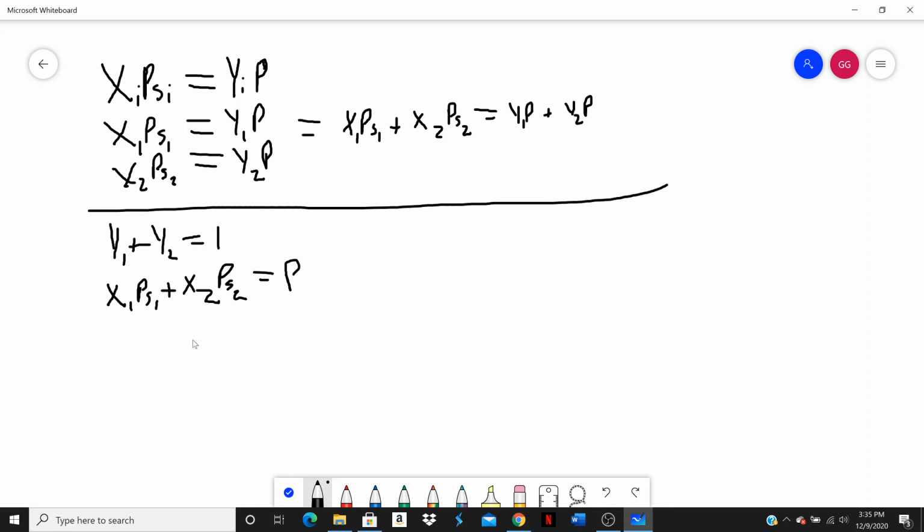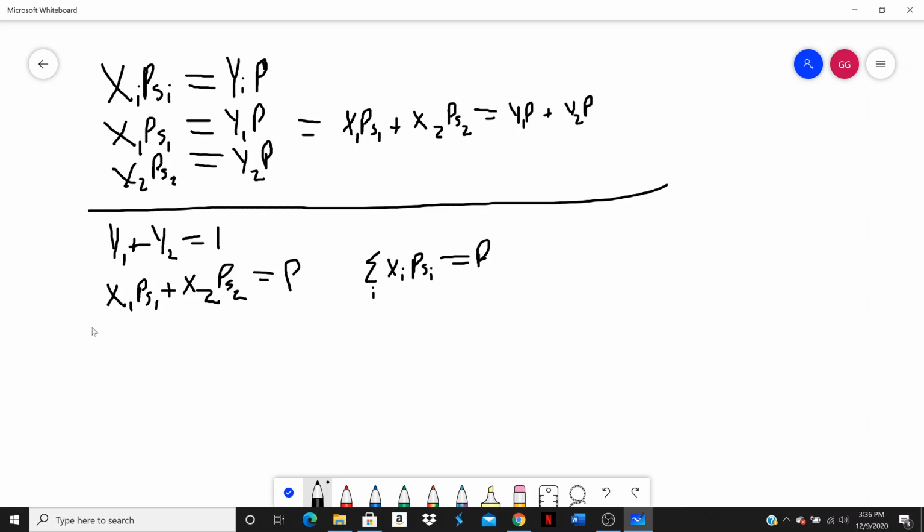And from here, it is simpler to rewrite the equation as a summation over i, any number of components, of the mole fraction of that component multiplied by that component's pressure of saturation. That is equal to the total pressure.